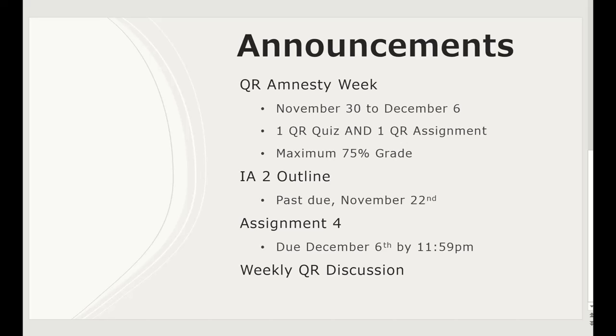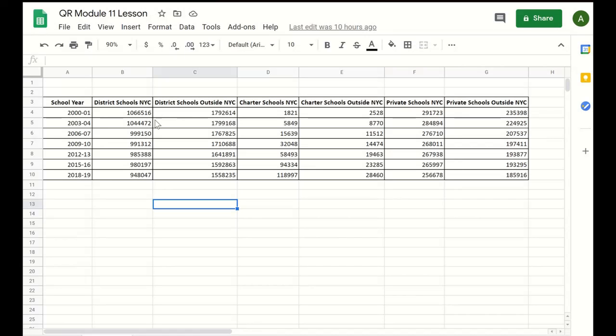All right, so let's talk about creating graphs. Now, in order to create a graph or a table or a chart, you need some data. So here is some data that I compiled, right? Now it looks very familiar. Remember, this is from one of the assignments that I gave previously, right?